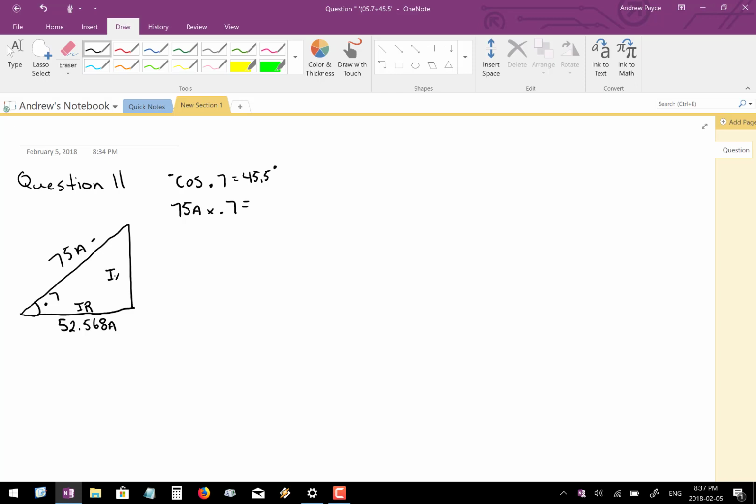Now I need to find my reactive portion of current. So there's a couple ways I can do that. I can use trigonometry, or I can use Pythagoras' theorem. So I can go 75 squared minus 52.568 squared, and that should equal a value of approximately 53.493 amps.